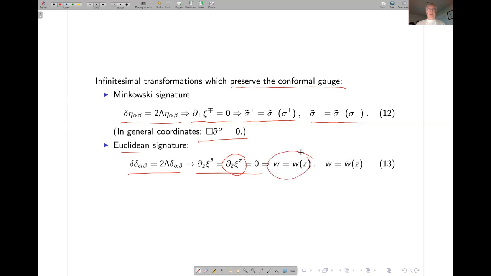The new coordinate, which is called here w, is a holomorphic function of z, and w bar is a holomorphic function of z bar, where we have the choice to either say w bar is the complex conjugate of w, but one can also extend the theory a bit by treating the two variables as being independent.